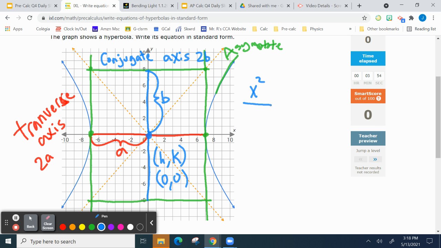A equals 7, and b equals 8. And those can be, one can be longer than the other. It's not always one longer than the other, like it is in some of the other conics. So that's going to be x squared over 49 minus y squared, there's no h or k, over 8 times 8 is 64, equals 1.